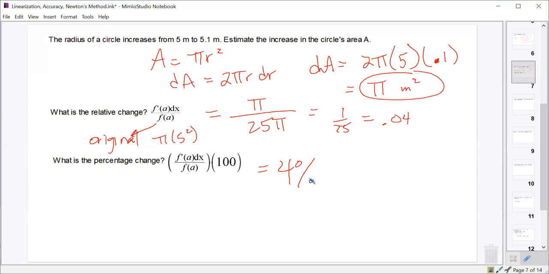Good or no? So relative change, how much it changed divided by the original amount, and then percentage change is the relative change times 100. You're going to need and want to know those. Any questions or issues with that?